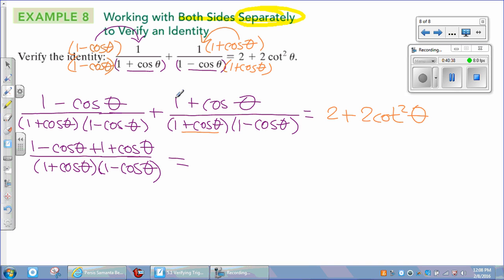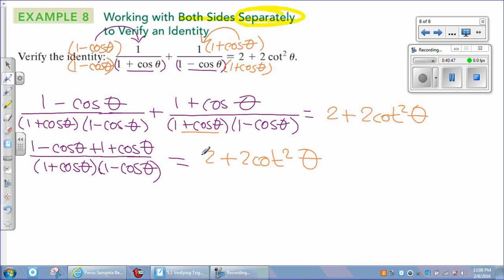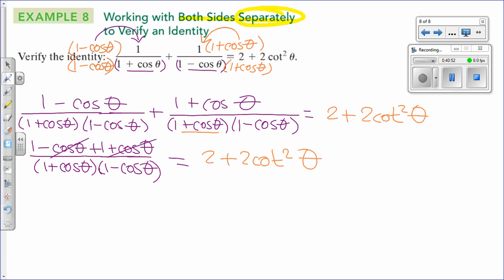And on this right side, we have 2 plus 2 cotangent squared theta. Now you can see here that cosine theta and negative cosine theta are opposites of each other, so they cancel. And then we have 1 plus 1, so that will be 2. So on the top, we'll have 2. On the bottom, we will have 1 plus cosine theta times 1 minus cosine theta.